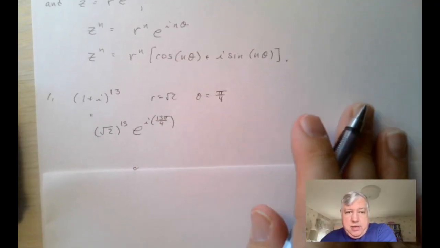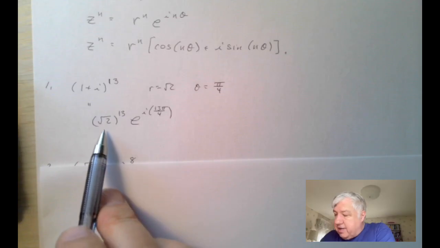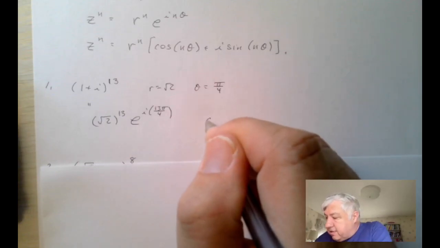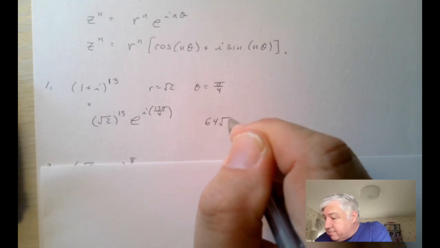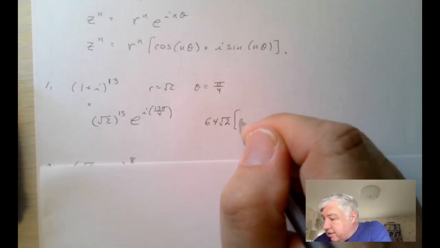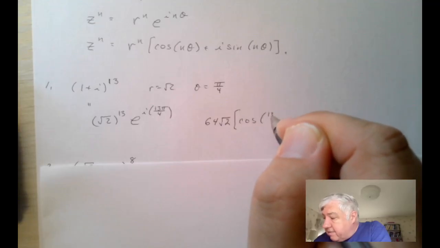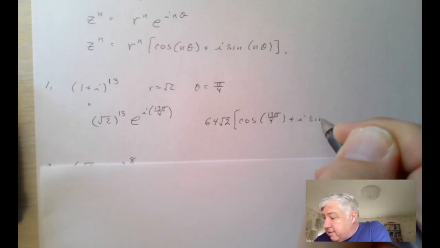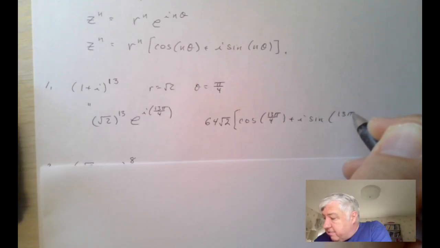Now this simplifies: this is 64 times the square root of 2, and then this will be the cosine of 13 pi over 4 plus i sine of 13 pi over 4.